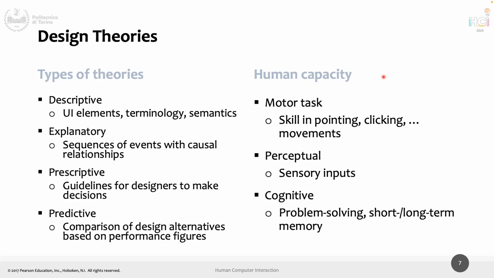And theories are most of the time linked to human capacity in terms of motor, sensorial, and cognitive capabilities. So skill in pointing, clicking, so movements; perceptual, what we see, what we hear, etc.; and cognitive, including short and long-term memory.